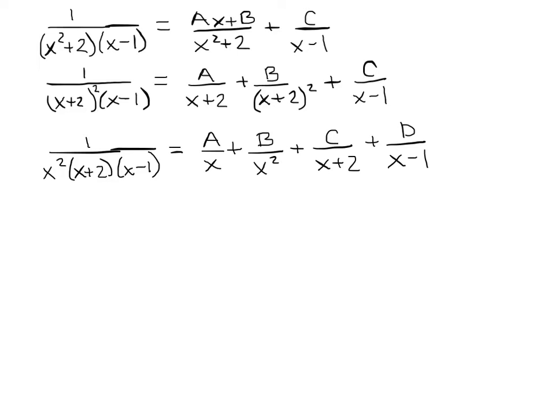And just notice on this that if I had wanted that x squared term, if I had considered that to be a degree 2, I would have written ax plus b over x squared. If you divide the x squared into the ax, you get a over x.